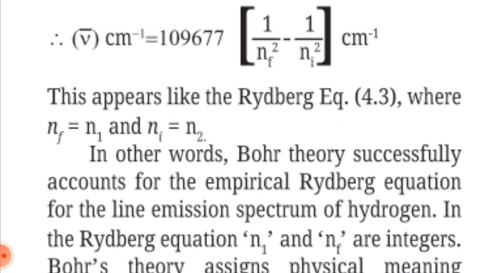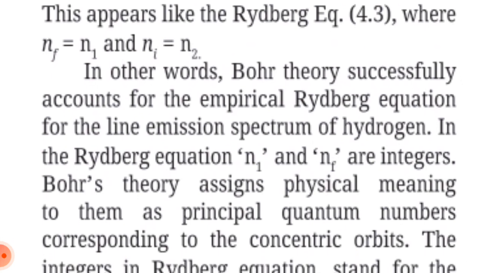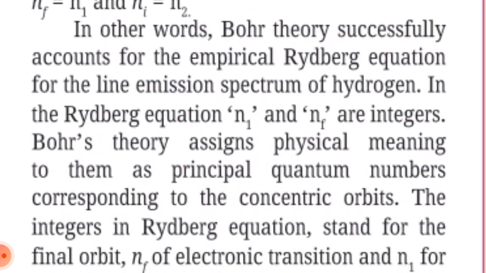Nu bar is 109677 in bracket 1 upon nf square minus 1 upon ni square per centimeter. This appears like the Rydberg equation 4.3, where nf is equal to n1 and ni is equal to n2.